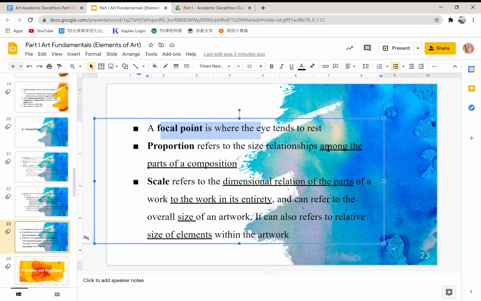So, for example, if you are drawing a road and then you tend to draw it like far away, that's the end of the road, and then for the part that is towards you is where the road starts.